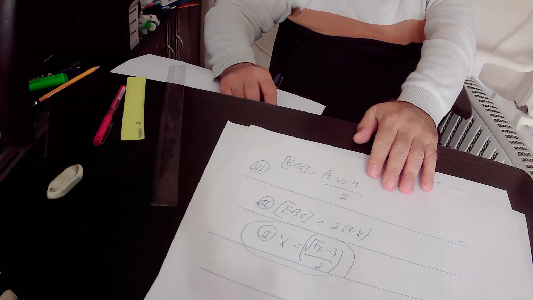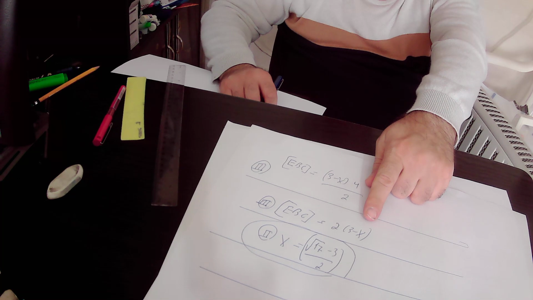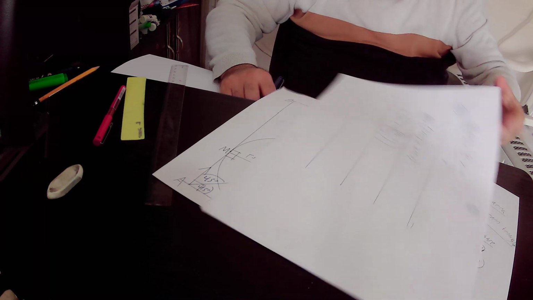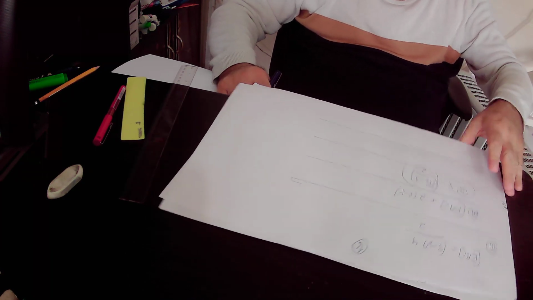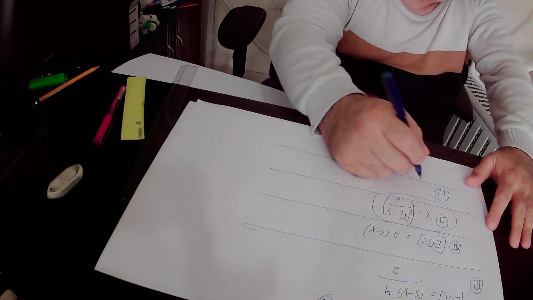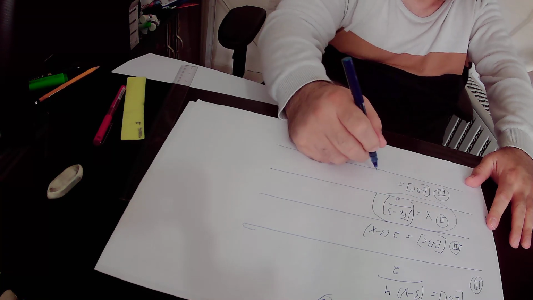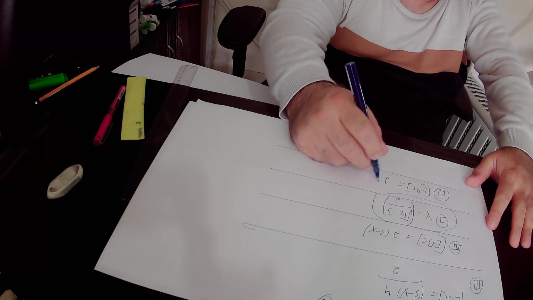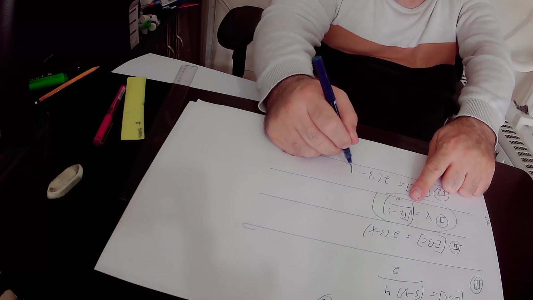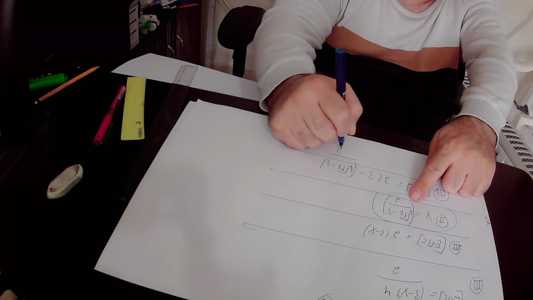So we will place the value of x inside this equation number 3, and we will get that the area of the green right triangle is equal to 2 times (3 minus x), and x is actually square root of 17 minus 3 over 2.